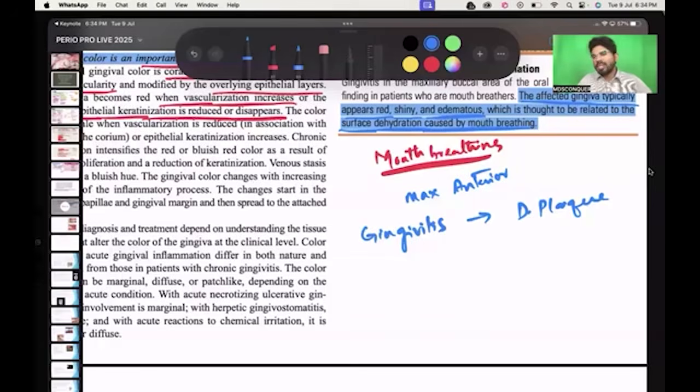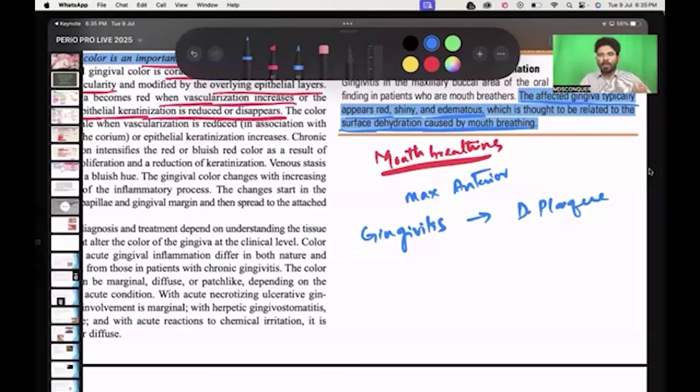Whereas hormonal changes are going to contribute to it. In pregnancy, there is normally an increase in progesterone and estrogen levels. The effect of increased progesterone and estrogen on your gingival tissue is that vascular permeability will increase, so the swelling, the edema in gingiva will be more.